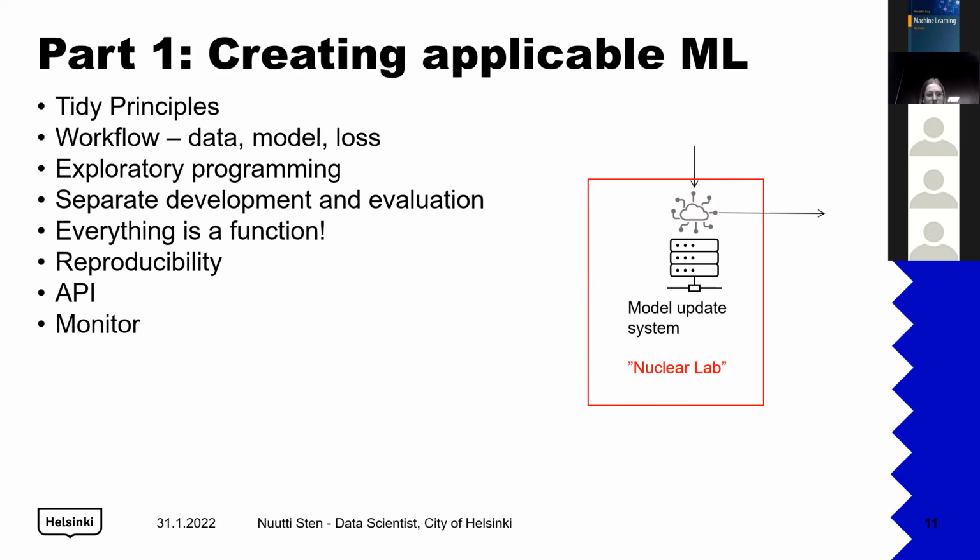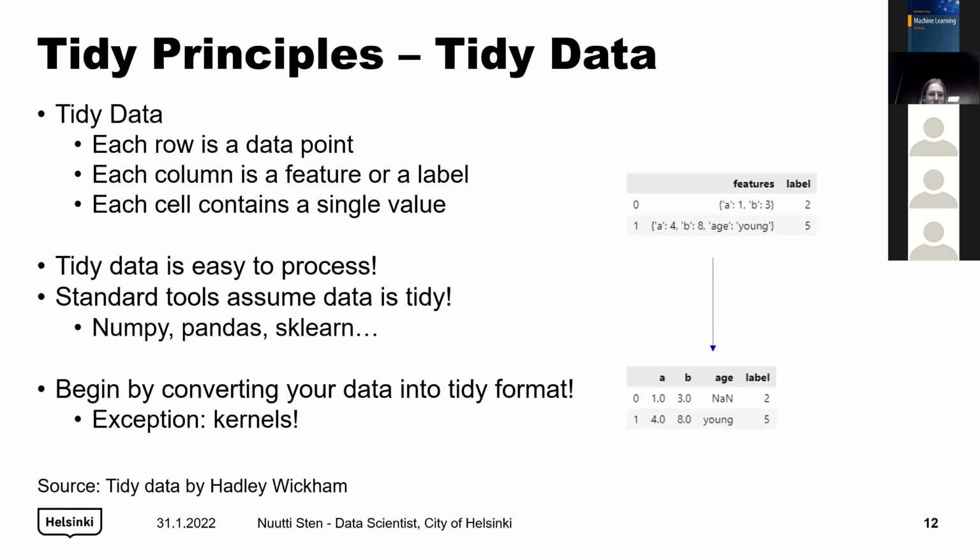Starting from the very fundamentals, I want to include this because I think the easiest way to write good data code is to follow the tidy principles, a set of principles introduced by the long-term R developer Hadley Wickham, who has written the tidy data and tidy tools manifestos.